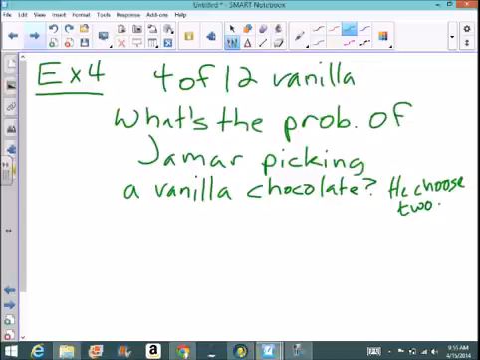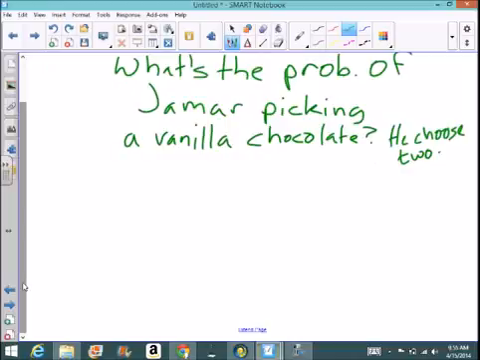So the first thing we need to do is calculate the sample space, and the sample space is we're going to choose 2 things out of 12, and so that's a combination. So 12 choose 2 will be 66, and that's our sample space. Now the next thing we would need to do is figure out the total possible outcomes of the event choosing vanilla.